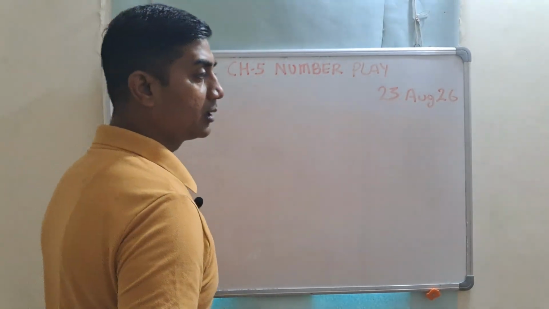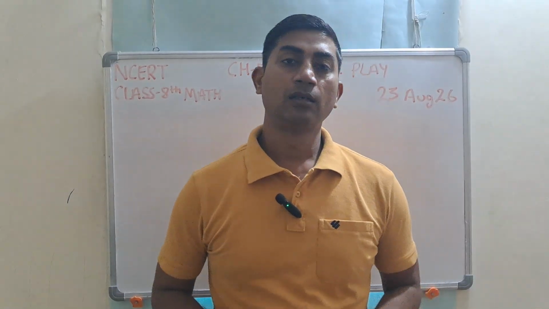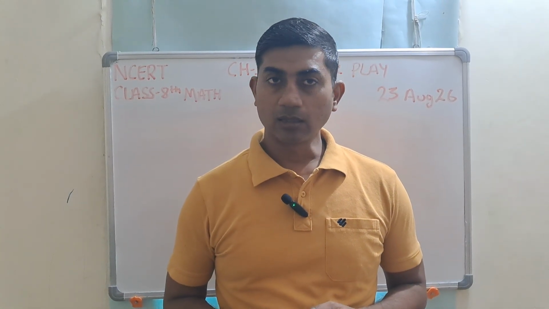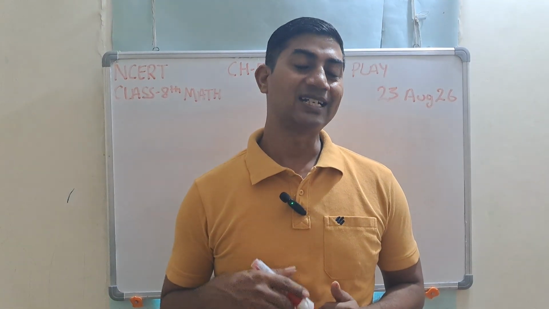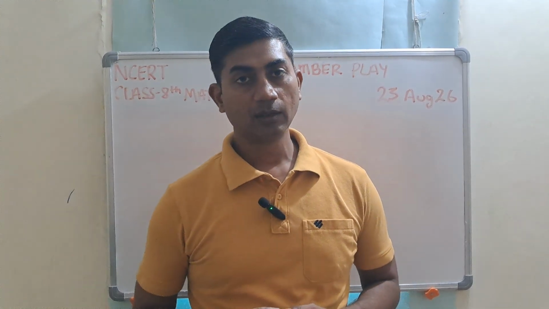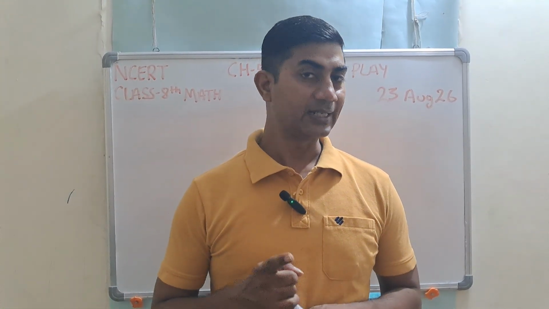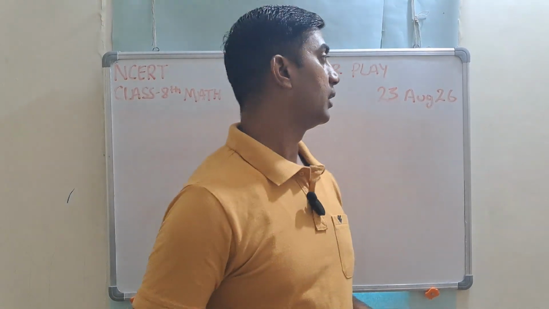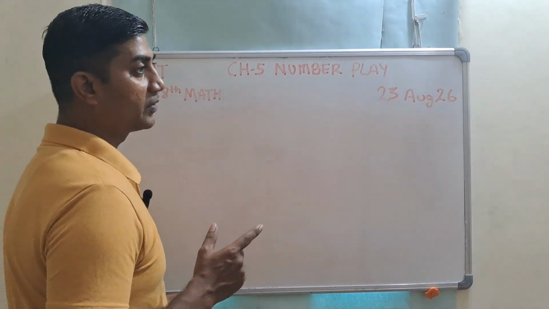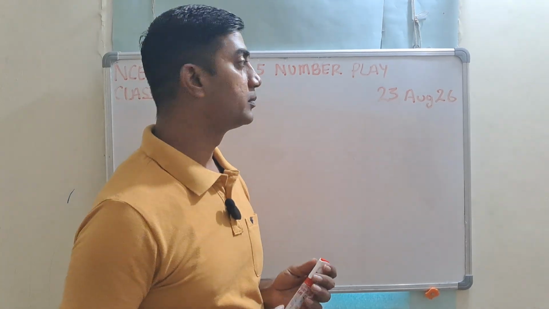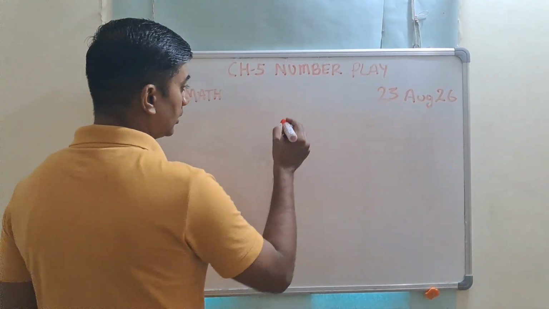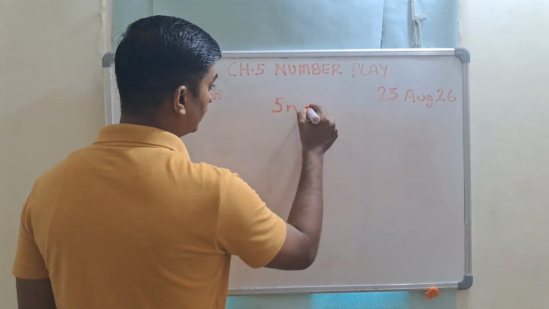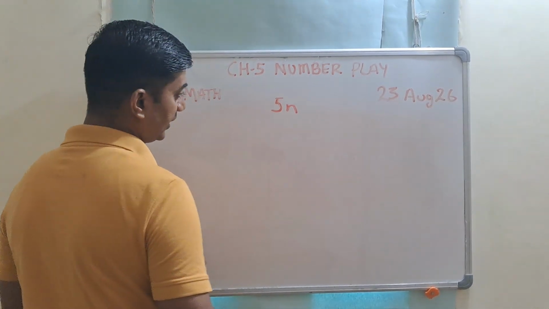In the next situation, they have given us that we have to find a number which, when it is divided by 5, gives exactly the remainder 3. Understood? So what is the number which is exactly divisible by 5? 5n is the number which is exactly divisible by 5.